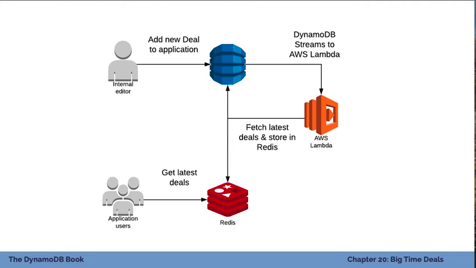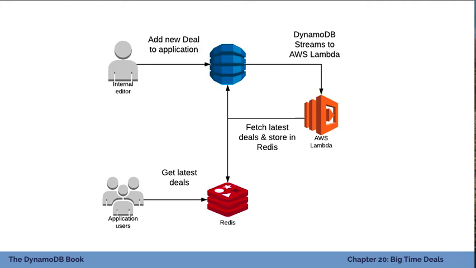And now when application users come and they say, hey, give me the latest deals, we'll check what deal range they're at. And if they're getting the most recent 50 or 100, we'll send them straight to Redis. If they get deeper into our catalog, then we can go actually to DynamoDB, where there's less likely to be pressure on that DynamoDB table and on those particular item collections.